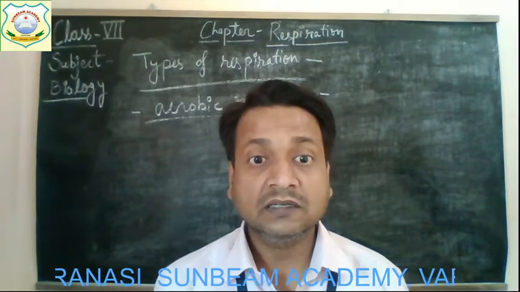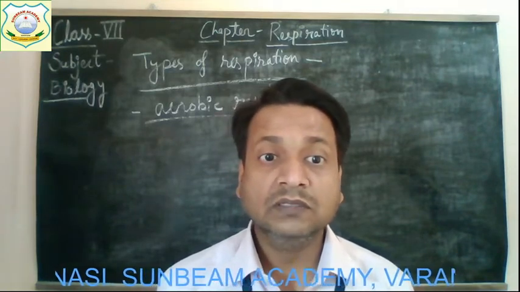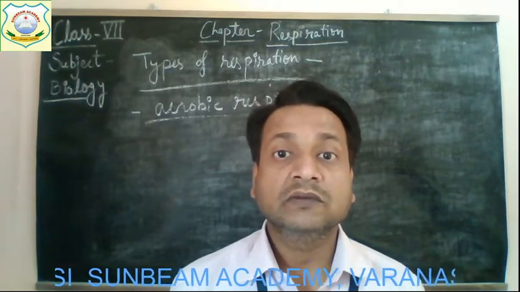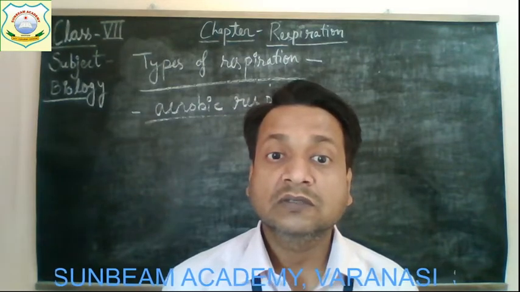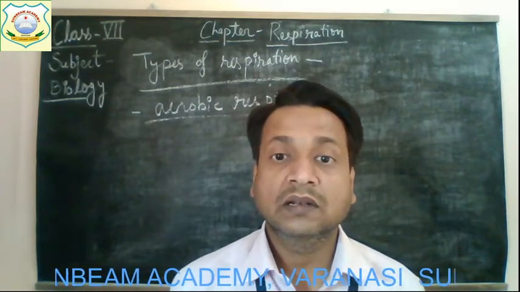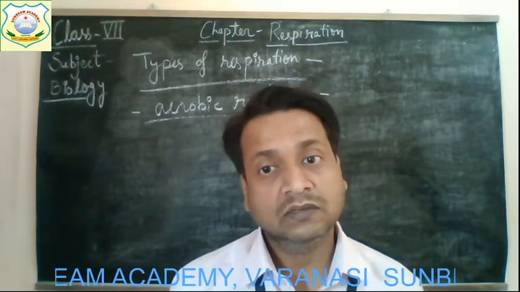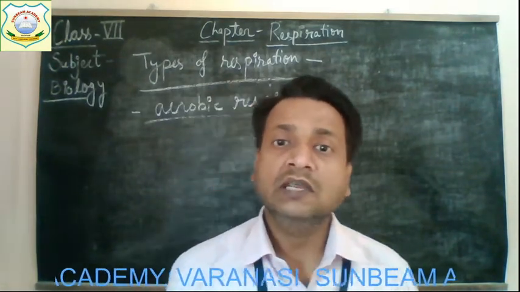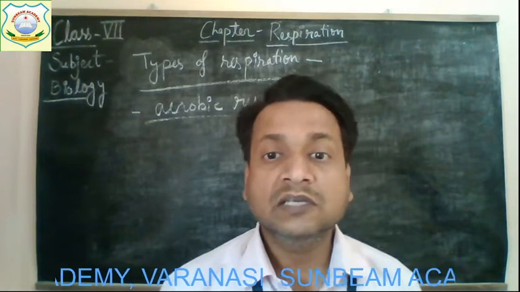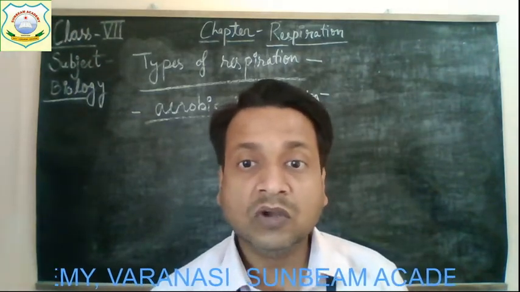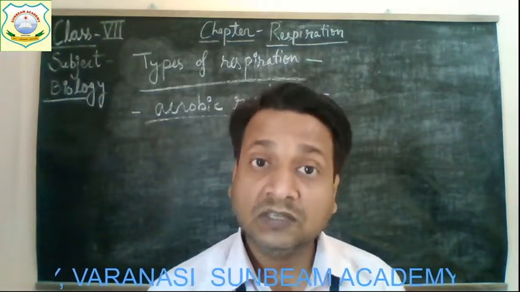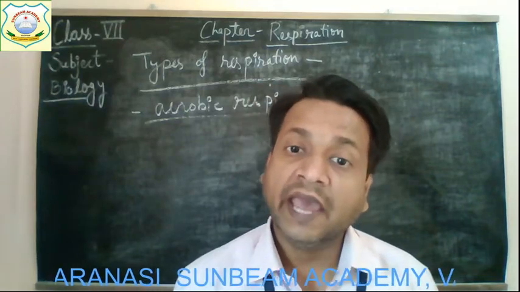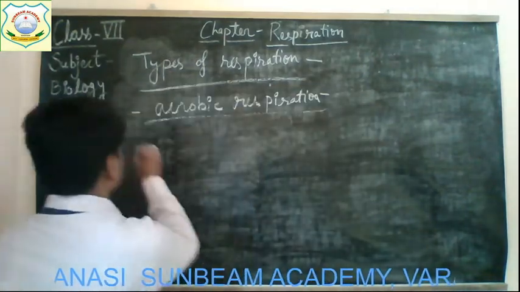And as a result, what is formed? Yes, when glucose breaks, it forms alcohol and carbon dioxide, without using oxygen, and it produces energy also. So water is not going to form here, and this process is called anaerobic respiration.